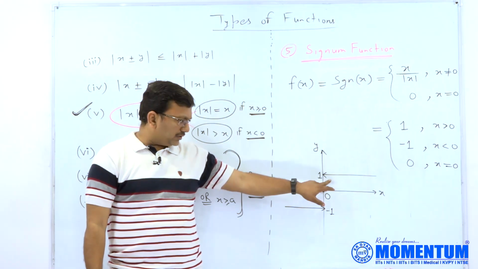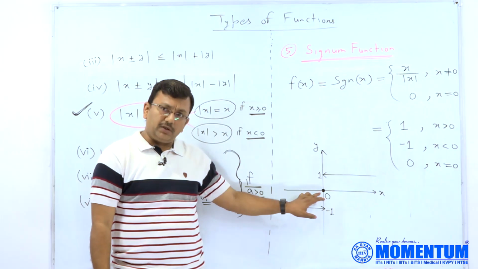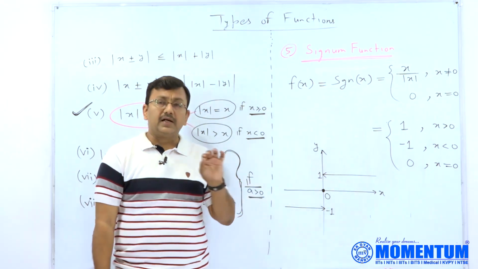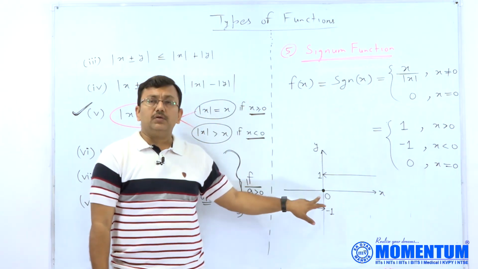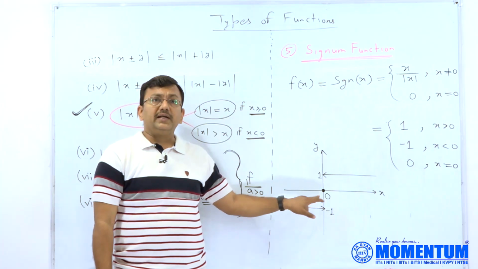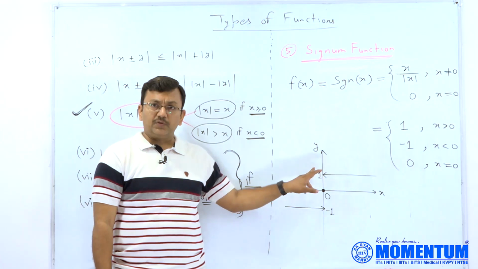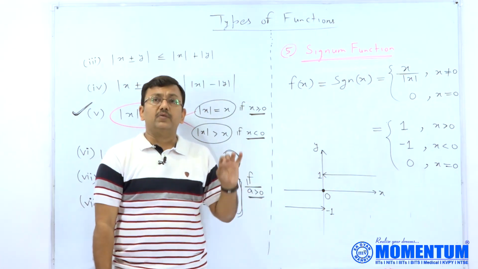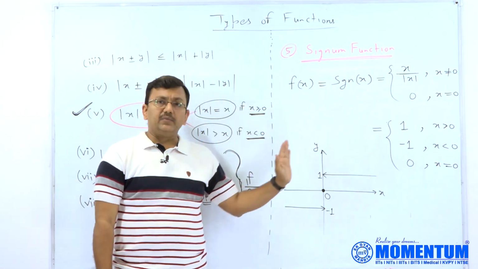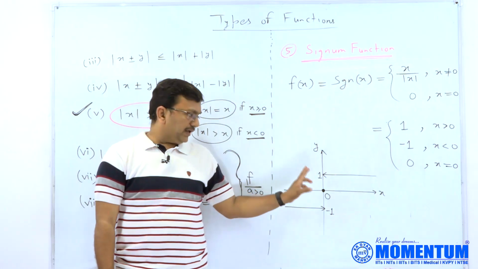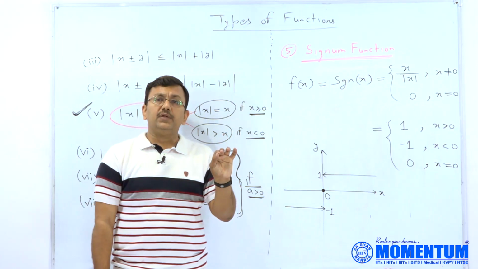I have drawn arrow signs and a dot. Now you have to understand this. In this graph, if I ask about the value of the function at x equal to 0, what will you do? You see 0 at 0, but you also see 1 above 0 and minus 1 above 0, so there will be confusion. So simply what we follow, at the time of drawing a graph, if a particular value is to be taken, we put a dot, if not to be taken, we put an arrow.